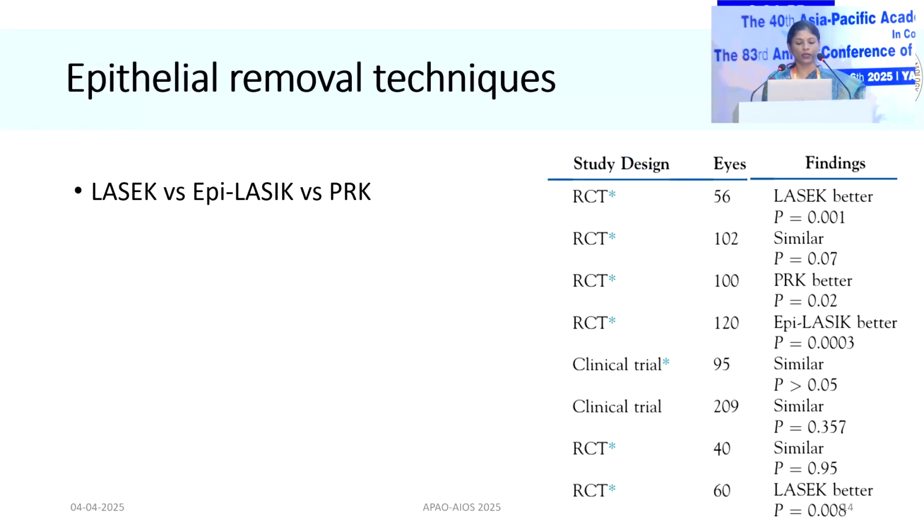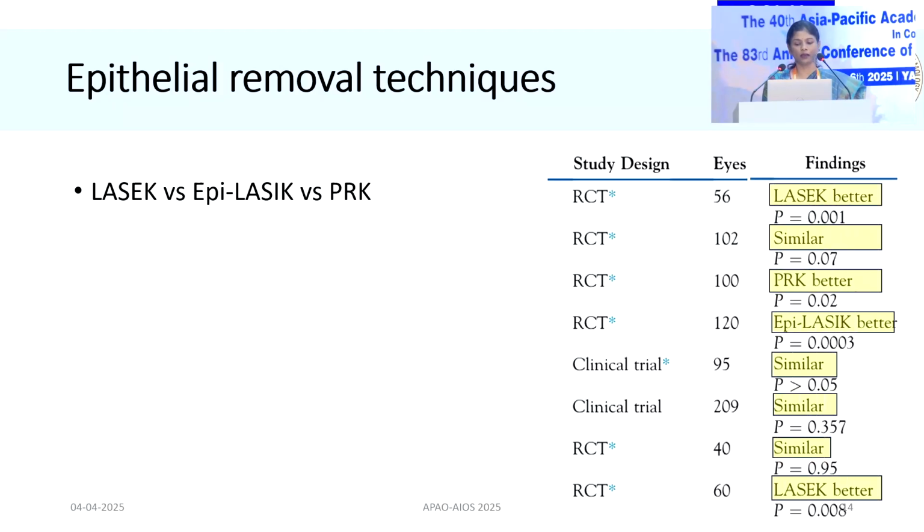Now coming to the epithelial removal technique, there are a number of techniques as we have just seen in the previous presentation, that is LASIK, EpiLASIK and PRK. There are multiple randomized control trials comparing these techniques, and they found that there is no big difference in the epithelial removal technique in LASIK, EpiLASIK and PRK.